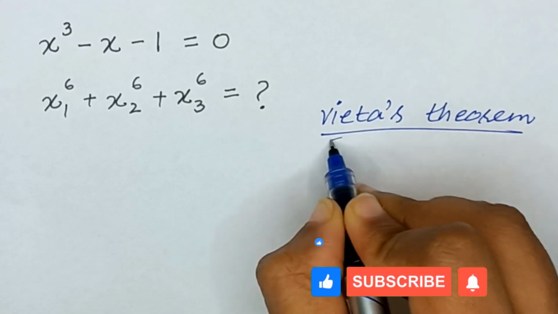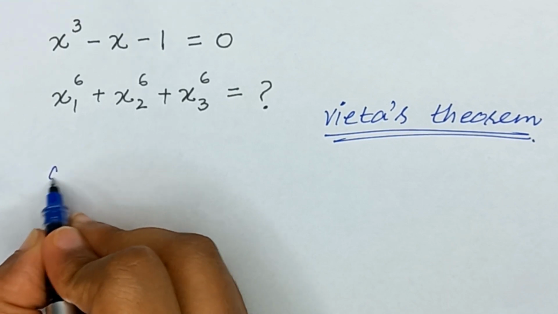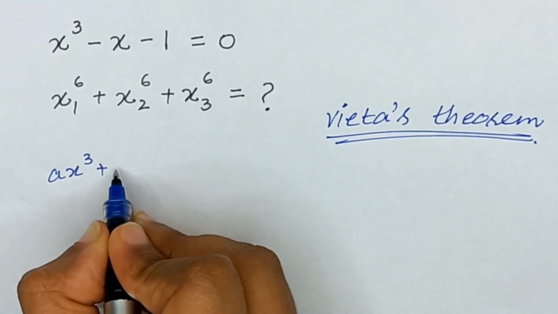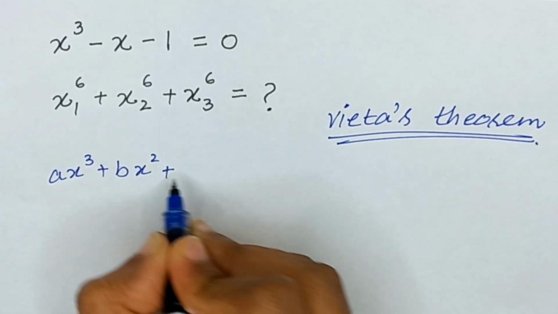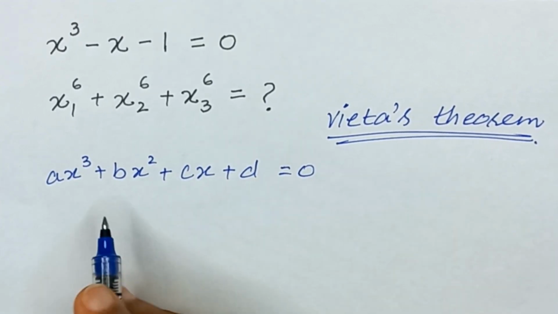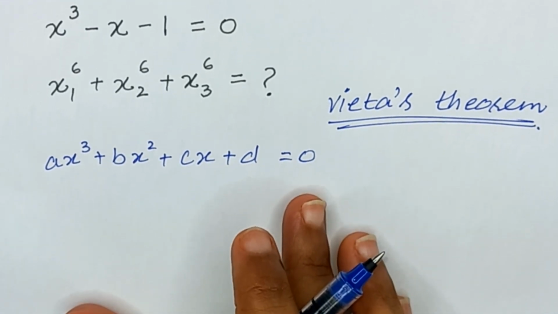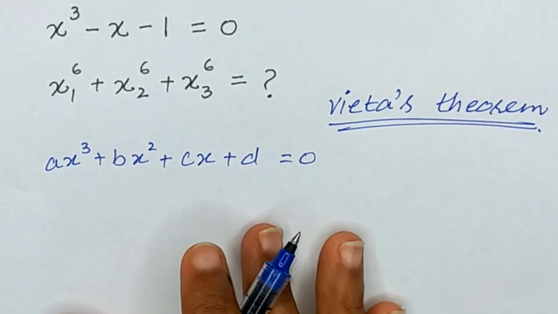The general form of a cubic equation is ax cube plus bx square plus cx plus d is equal to 0. If I apply Vieta's theorem here, we can write three relationships.